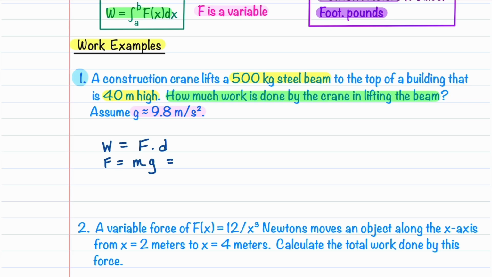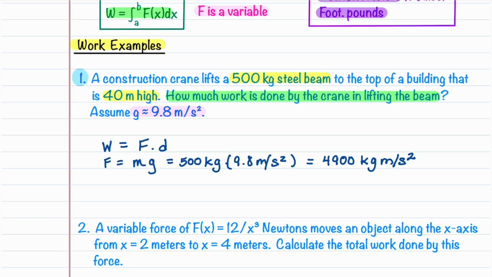Our mass is 500 kilograms, and then our gravity is 9.8 meters per second squared. 500 times 9.8 is 4,900, and our units are kilograms meters per second squared.